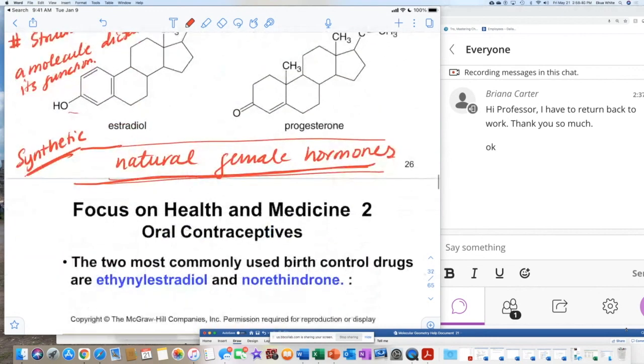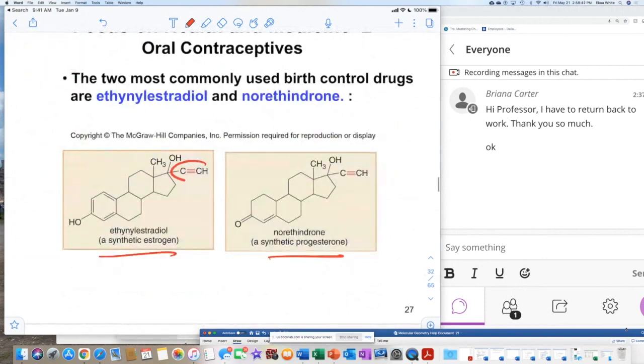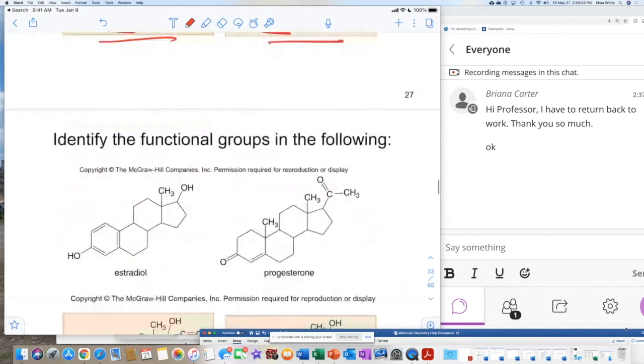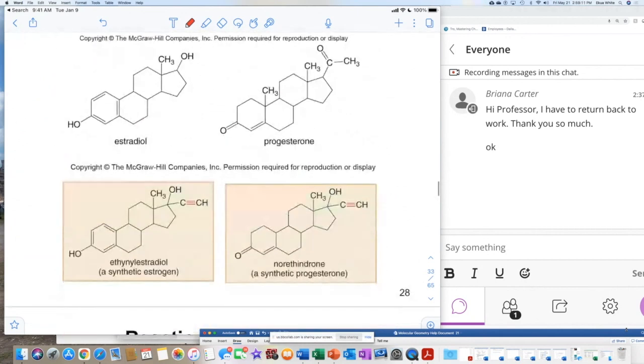The natural one is missing the carbon-carbon triple bond, but the fake one, the synthetic one, has the carbon-carbon triple bond. Of course, we know that all these drugs do have side effects, because your body recognizes authentic chemicals. It's like, this is not natural. And so you have all these side effects. But anyway, the synthetic versions of these birth control pills do have the carbon-carbon triple bond. Anyway, here's a comparison of the two.